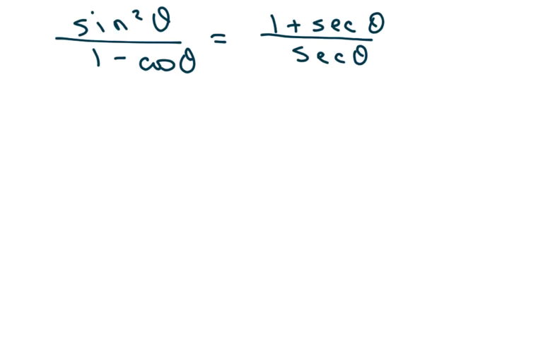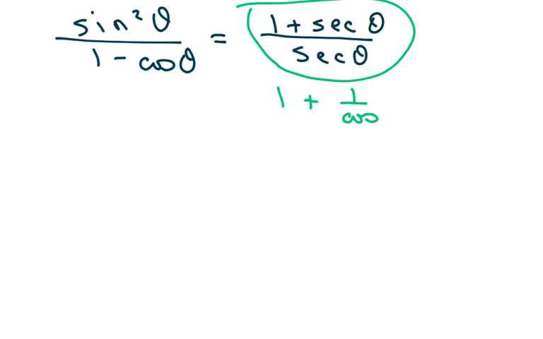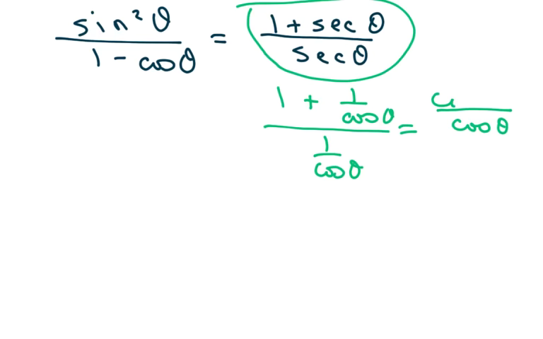Now, in this case, I'm going to do like I did last time and work on the left side. This is 1 plus 1 over cosine over 1 over cosine. And if I get the common denominator here, this is going to be cosine theta plus 1 over cosine of theta. Now these two cancel.